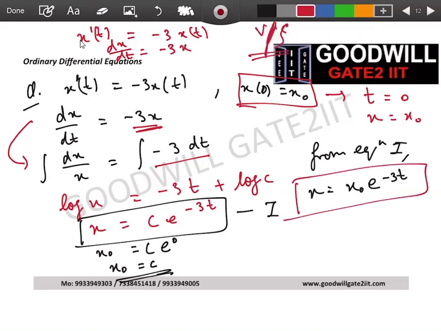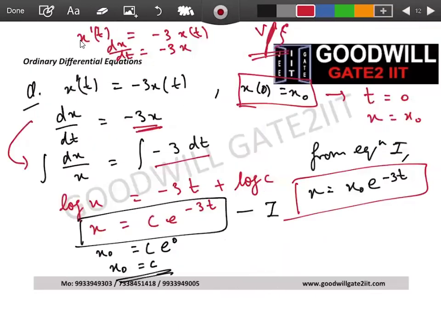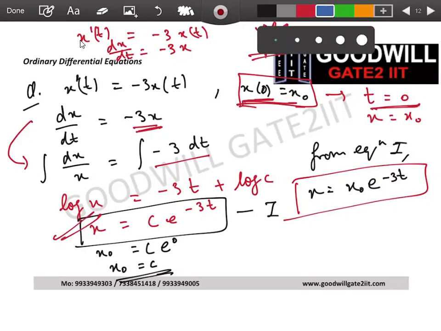So the thing is that in the previous numerical, you were not given any value like here, so you left the equation at this. But here you are given a value after solving the equation, that x at 0 equals x naught. So that means, when t equals 0, your value of x becomes x naught.